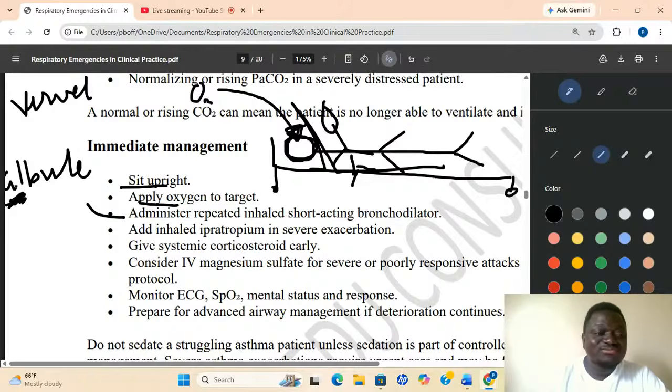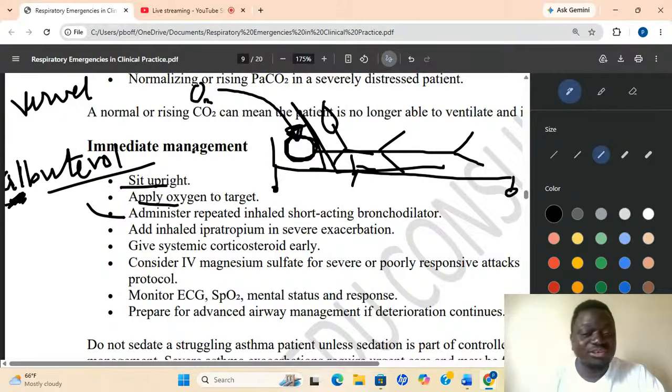Albuterol is short acting. You can use it on med-surg units, but in a patient who is stabilized, we don't give albuterol. We use it for emergency conditions. You can add inhaled ipratropium in severe asthma exacerbation.